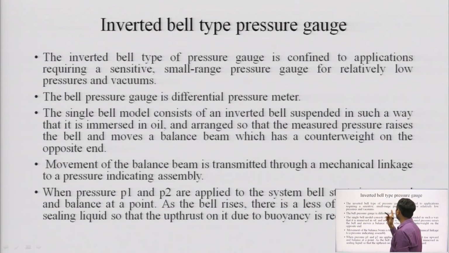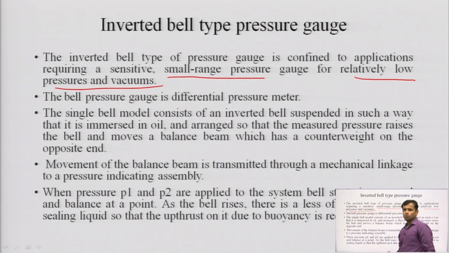That is one of the advantages of inverted bell type pressure gauges: they can be used for small range pressure, relatively low pressure or vacuums. Vacuum pressure, as you know, is in the downward direction with respect to atmospheric pressure. So, with the inverted bell type arrangement we can measure the vacuum pressure or the low pressure.